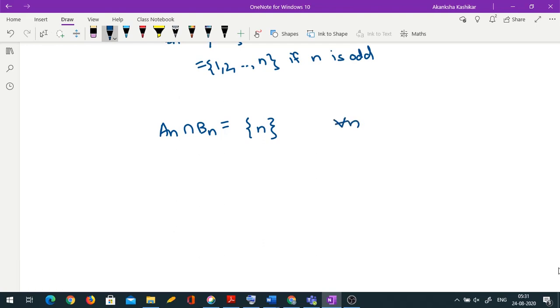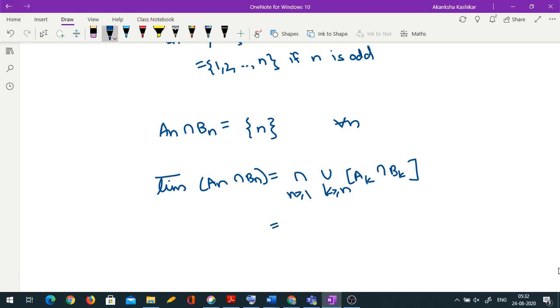So intersection is singleton n for every n. Okay. So if I now want lim sup of this intersection, so lim sup of this intersection is going to be intersection union AK intersection BK, K greater than or equal to n, n greater than or equal to 1.